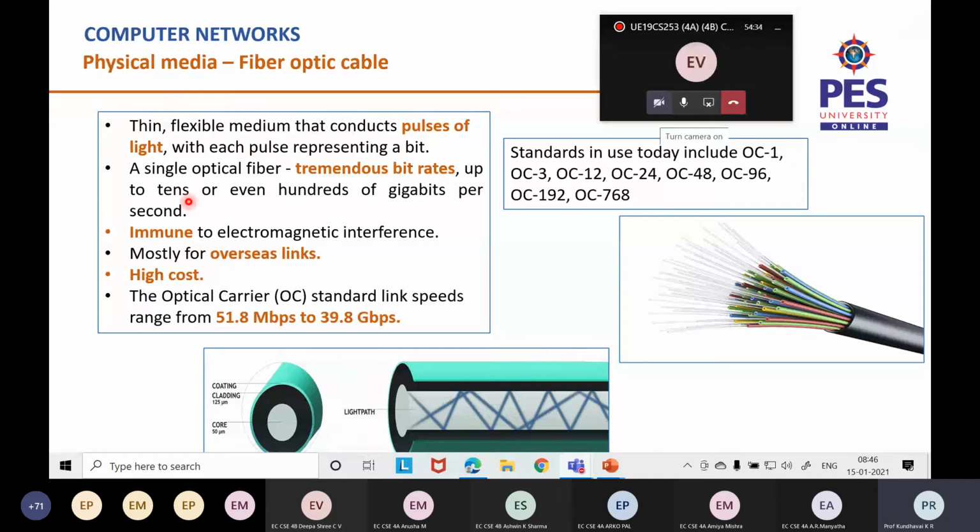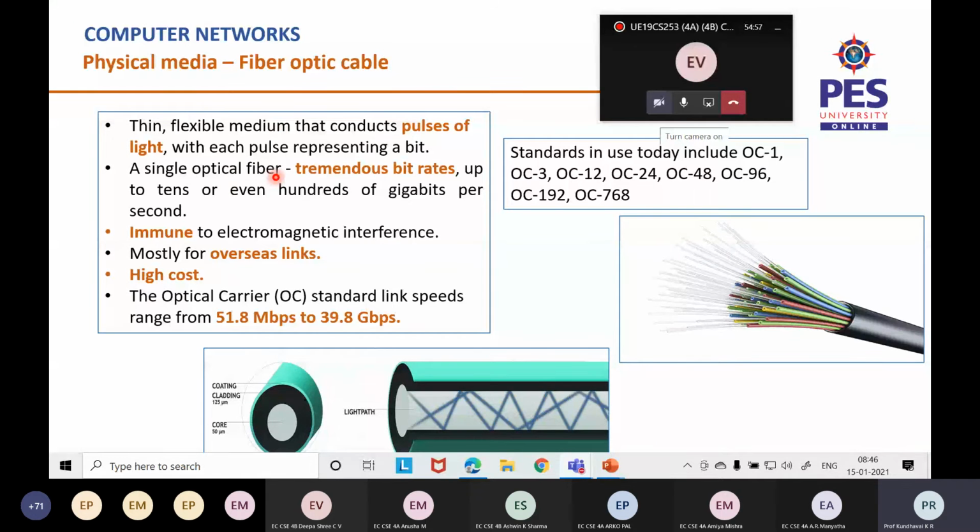Coming to the theory part, it's a thin, flexible medium that conducts pulses of light, with each pulse of light representing a bit, whereas in the other two, each bit is represented in the form of an electromagnetic wave. So it's a single optical fiber.